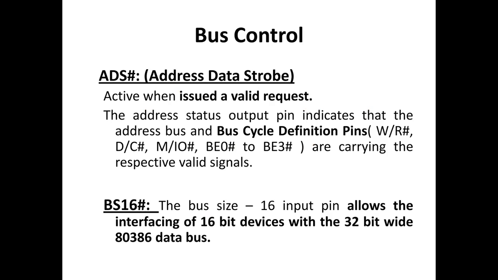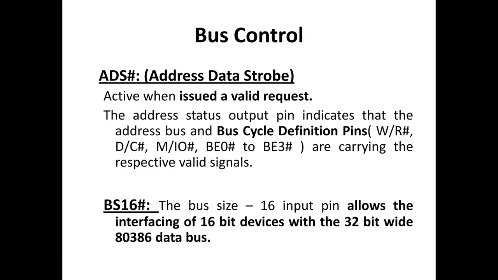The read part is having the hash sign, that means it is active low. Memory or IO is also active low. BE0 to BE3 are active low, carrying the respective valid signals.